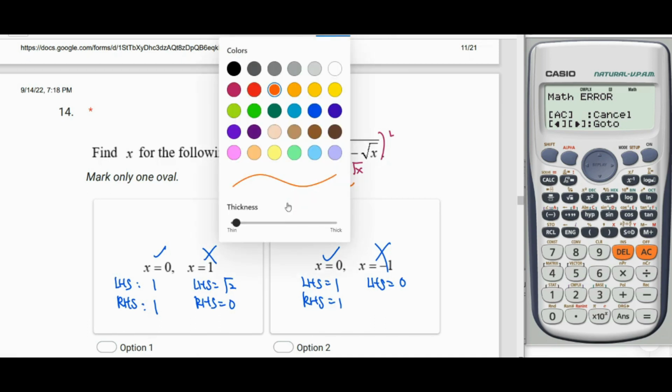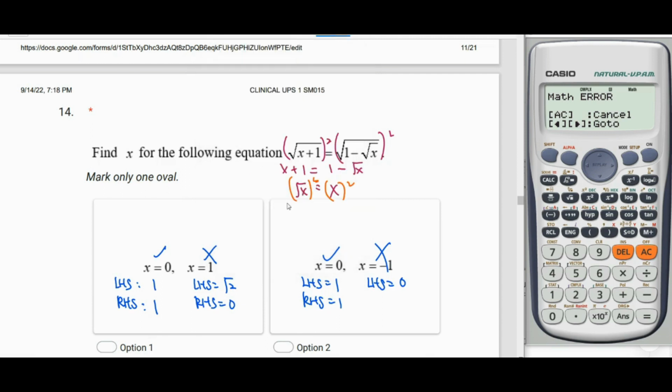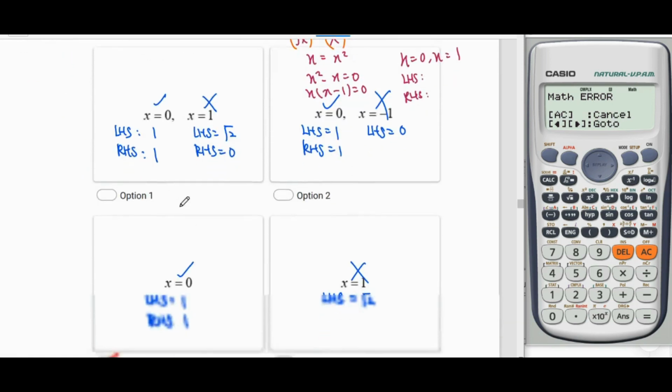It will give you x equals x squared. So it's a quadratic to factorize: x times x minus 1. So x is 0, x is 1. Then you check the left hand side and right hand side. The procedure will repeat like whatever I did just now.